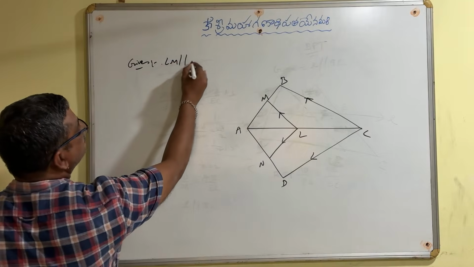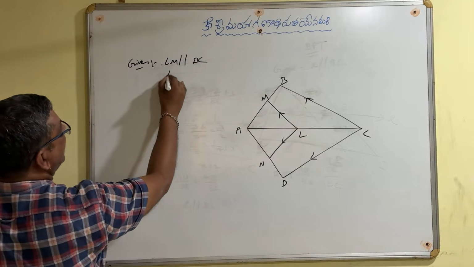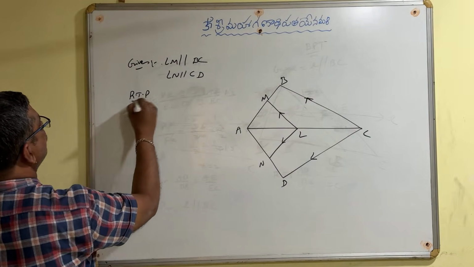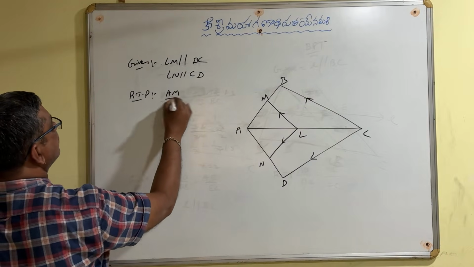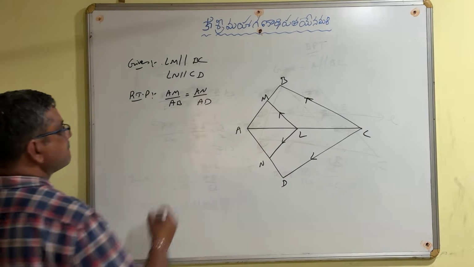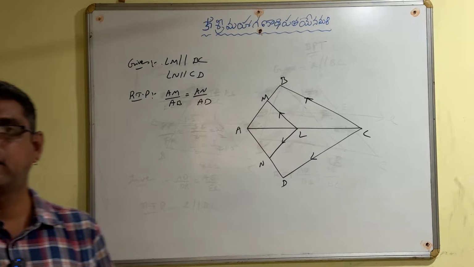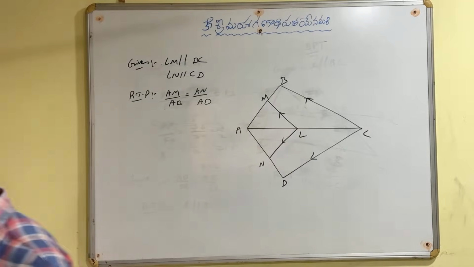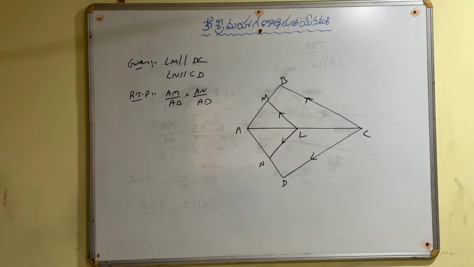LM is parallel to BC and LN is parallel to CD. What is required to prove? AM by AB is equal to AN by AD. First observe the ratios, children.